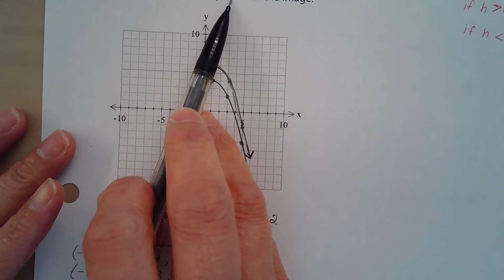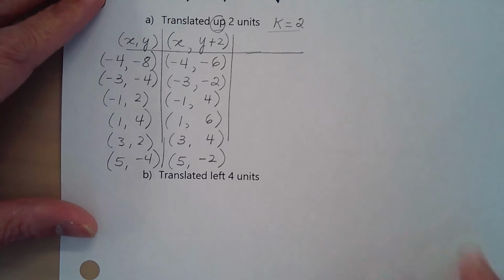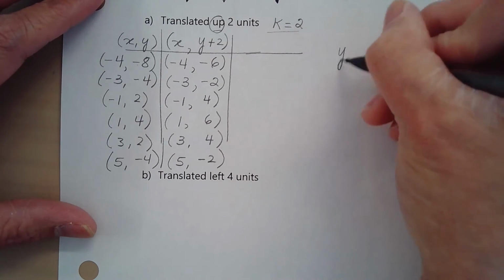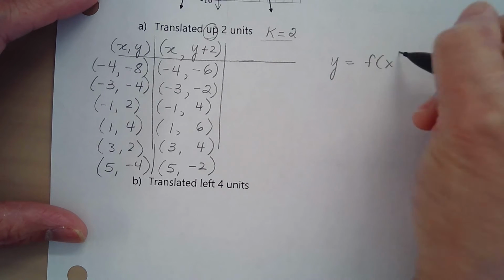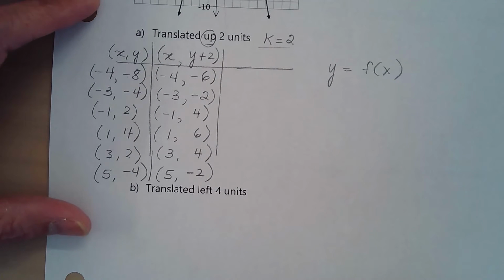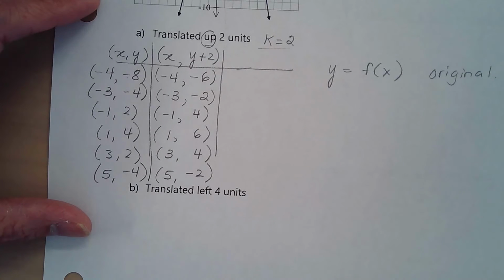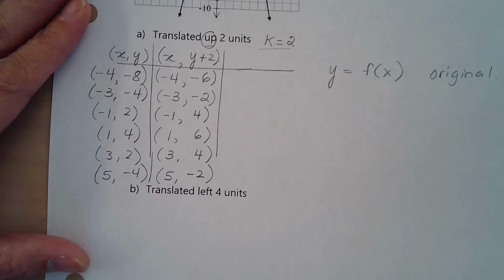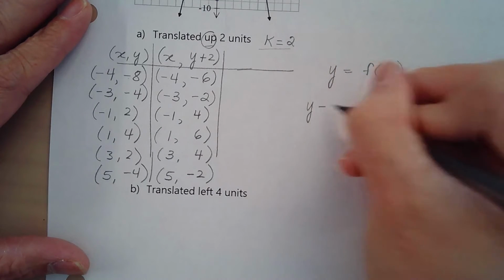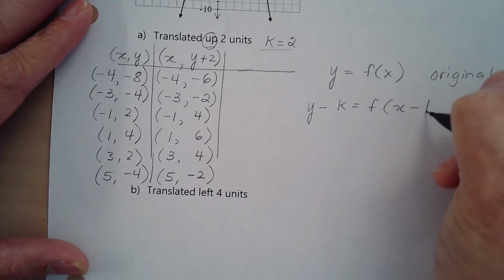Now the next thing it says here, write the equation of the image. The original is y equals f of x. That's the original one. Now, because there's a translation, actually just one translation, y minus k equals f of x minus h.